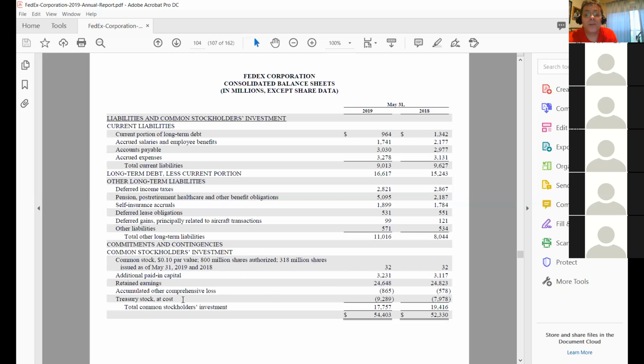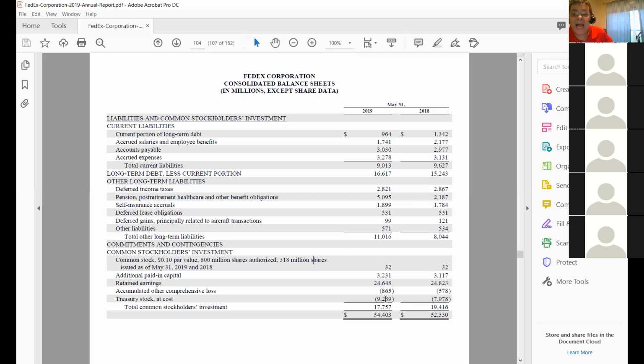And here's where we put treasury stock, at the bottom of the equity section, usually the last item on the balance sheet, especially if there is no non-controlling interest. That's what I was trying to think of. Okay. And notice that it is in parentheses because it is a debit balance. The normal balance is a debit.